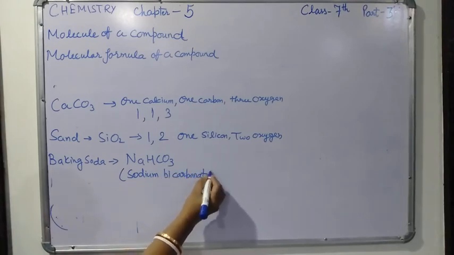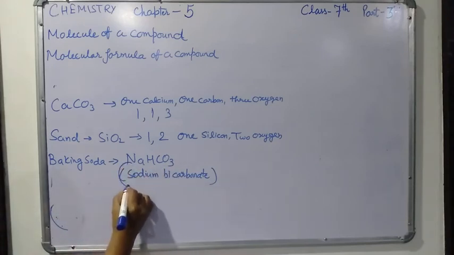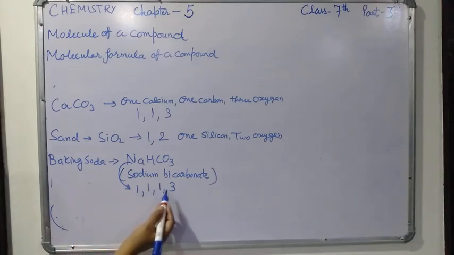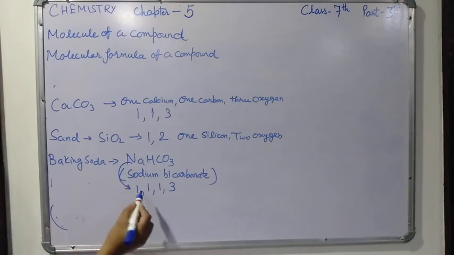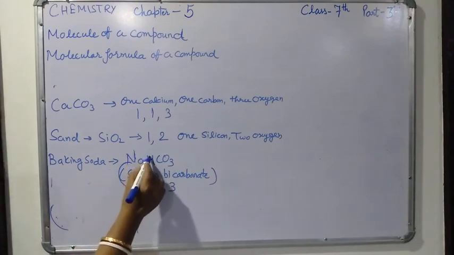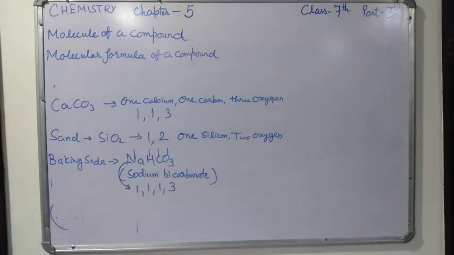In this you can see 1 sodium atom, 1 hydrogen atom, 1 carbon atom, and 3 oxygen atoms. So number of atoms you can write 1, 1, 1, 3. By seeing the formula only you can write the number of atoms and constituent elements also.